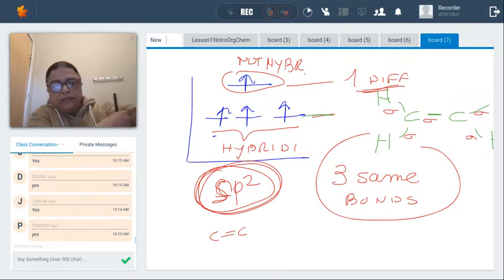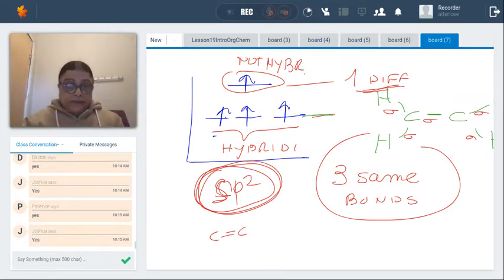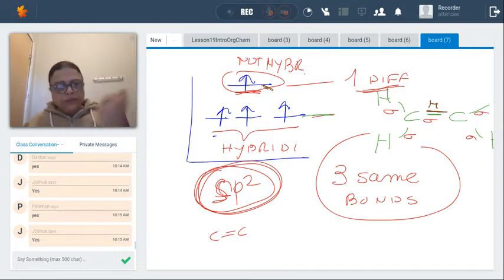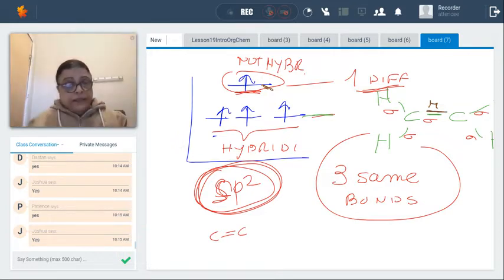But I have 1 electron that is unhybridized and is also able to undergo bonding. This is what makes a double bond. This electron is creating a pi bond, a bond between 2 carbons. It can be with other atoms, oxygen and nitrogen, but we're not talking about them right now.